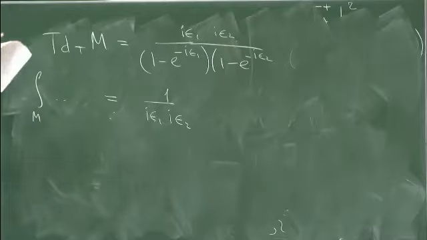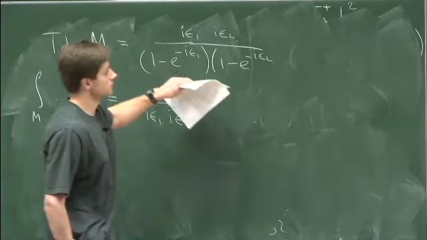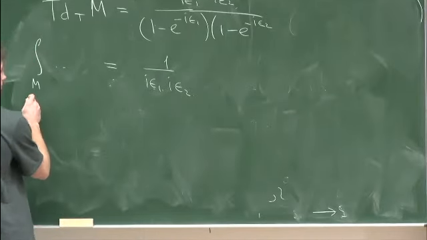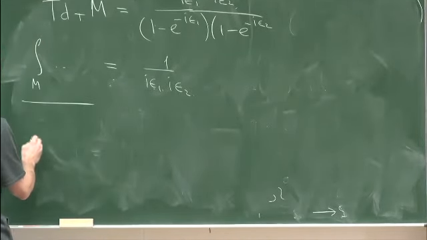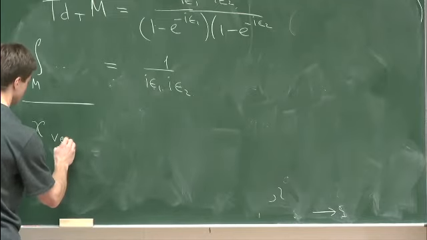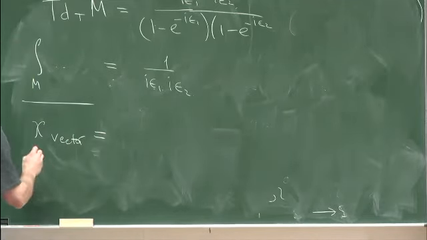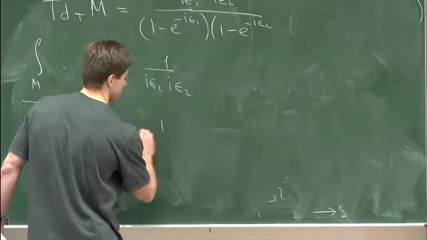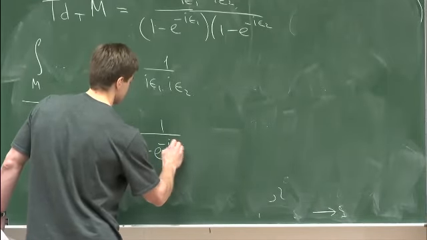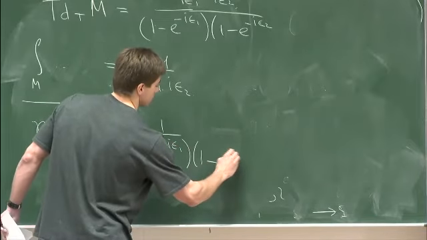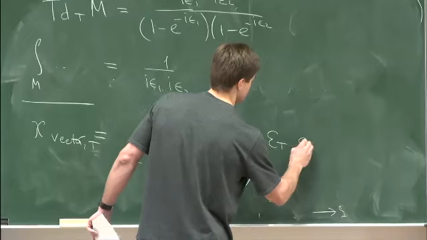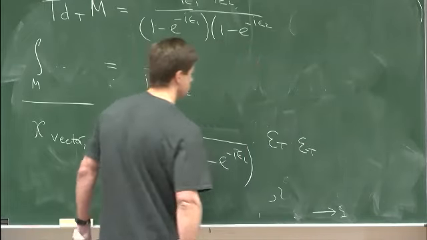So as a result, the Chern characters of those infinite dimensional vector bundles that we are interested in are given by the following. Let me call it chi associated to the vector multiplet, parameter t is just 1 over (1 minus e^{-iε1 t})(1 minus e^{-iε2 t}), multiplied by e^{it} e^{-it}.